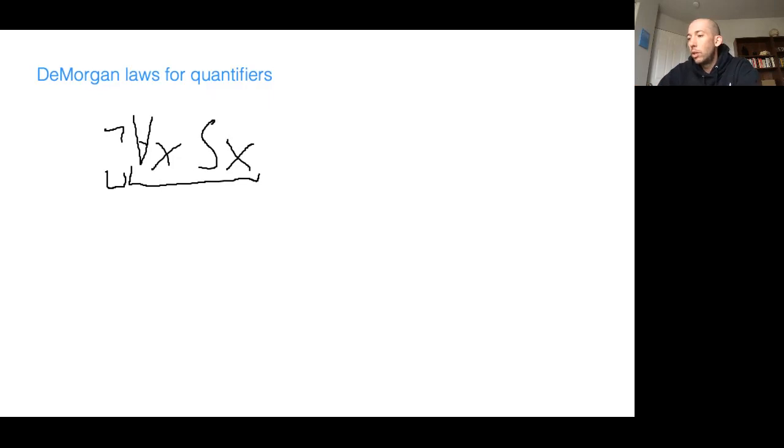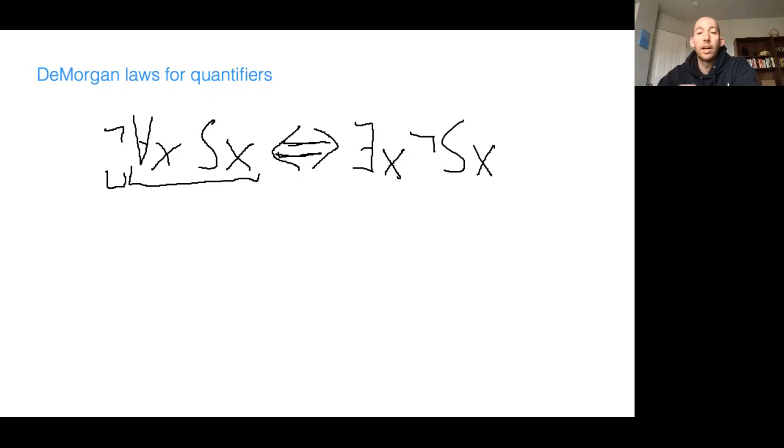If it's not the case that everything satisfies some condition S, we can read that as being equivalent to, and notice that I'm using this double arrow, but it's not the biconditional, because this is something in our metalanguage. We're saying that two sentences in the object language are equivalent. The negation of the universally quantified sentence is equivalent to the existential claim that negates what was going on inside the previous sentence.